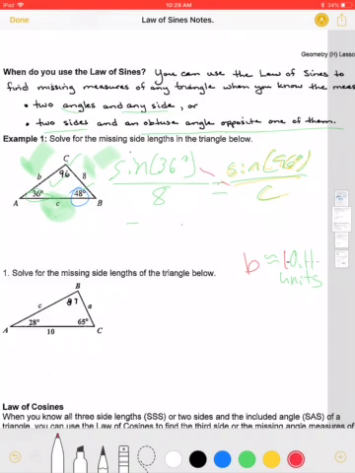We can cross multiply. This will get us C multiplying with sine of 36, and that should be equal to 8 multiplying now with sine of 96 degrees. Simple.